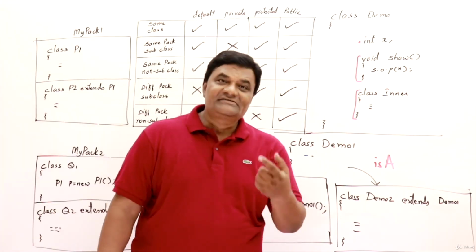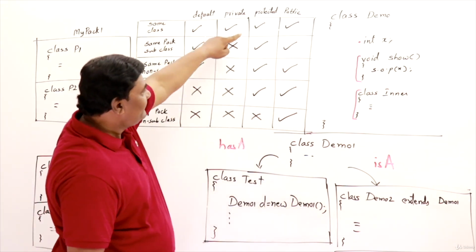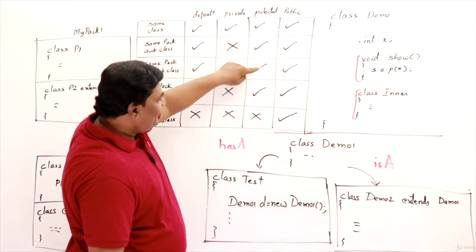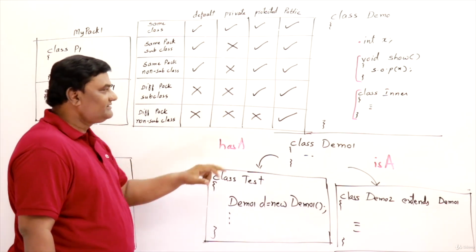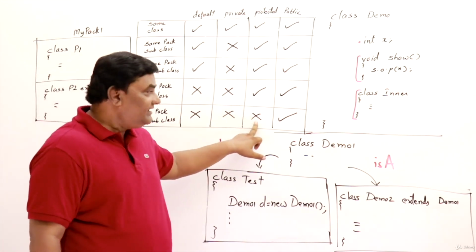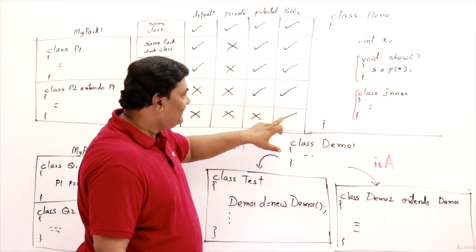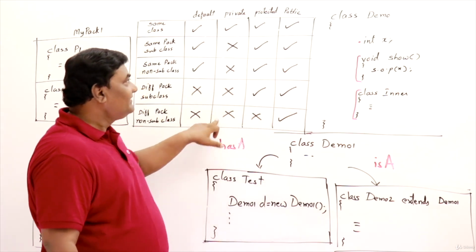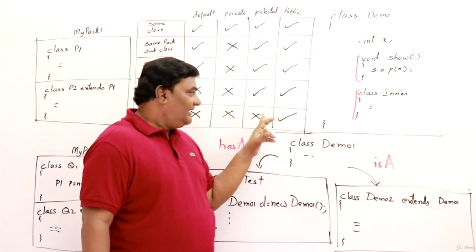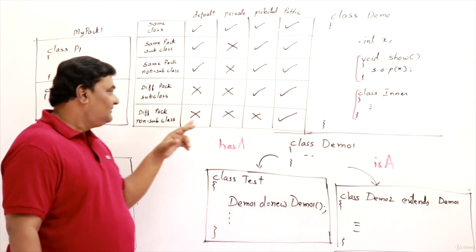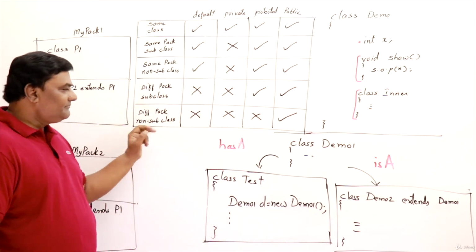Now the last remaining is protected. They're accessible everywhere except in a different package, non-subclass. They are accessible almost everywhere, so they are more like public, right, than like private. Protected is more like public, except not accessible in a different package, non-subclass.